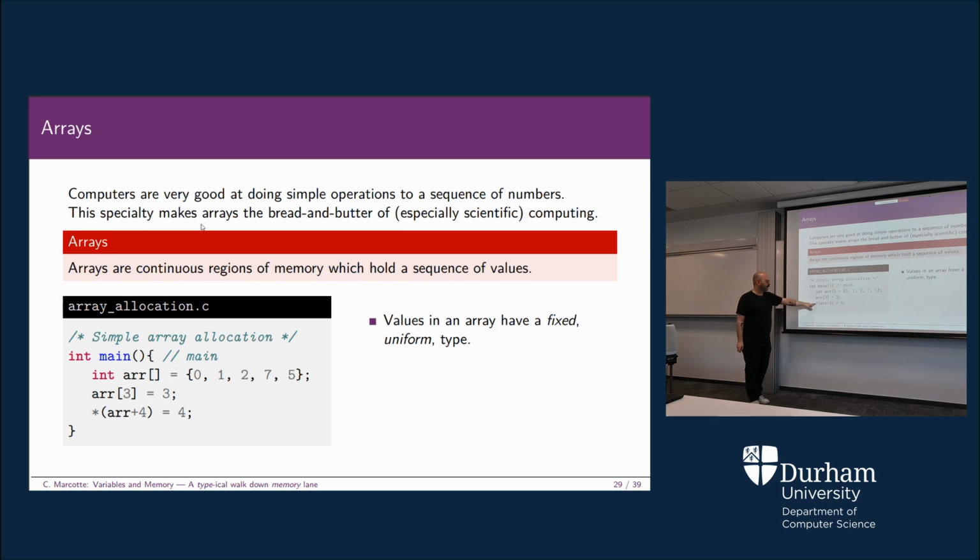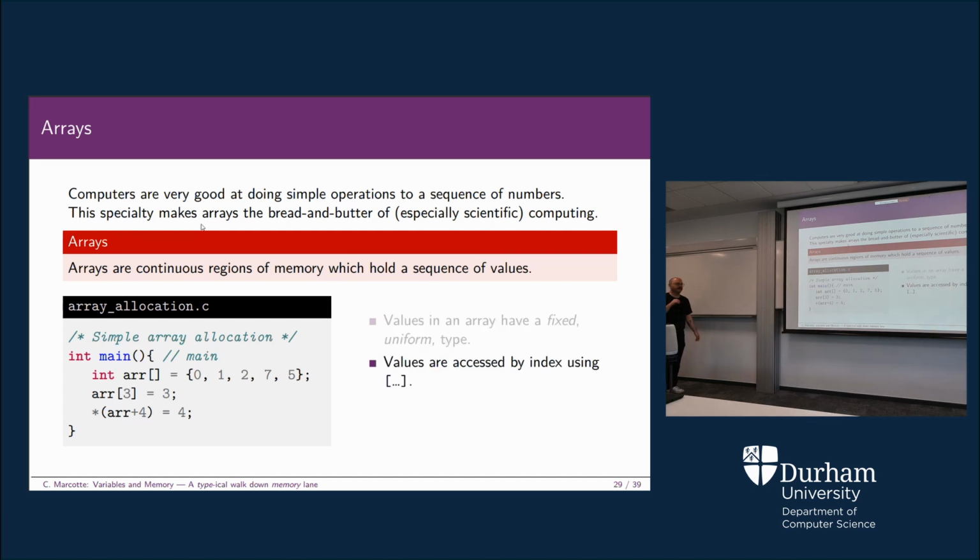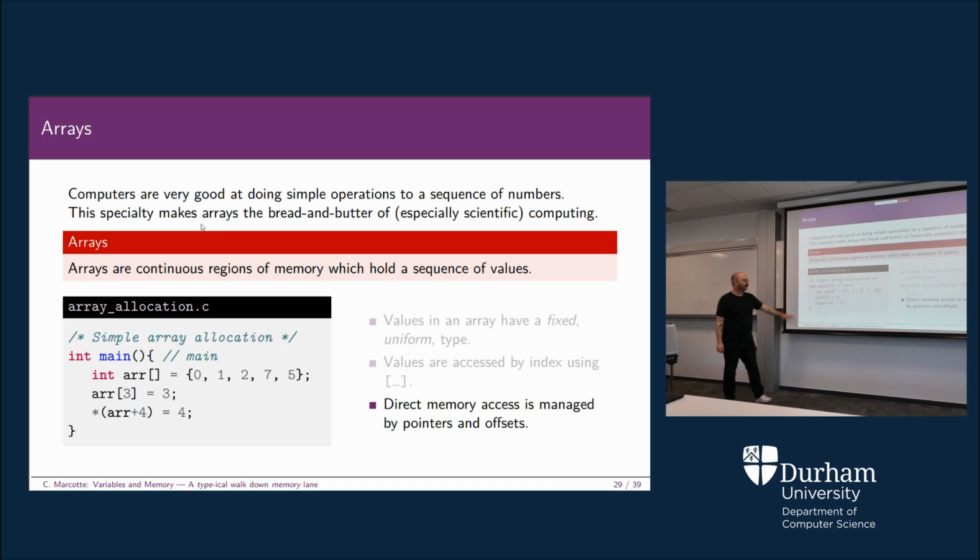So your pointer to the array is always to the 0th value, the 0 index. If you add 4 to that, you go 4 forward, and you change that to 4. So you can access values using the square braces and an index. You can do direct memory access through pointers and offsets. Simple enough.